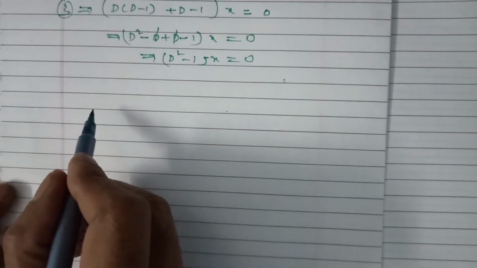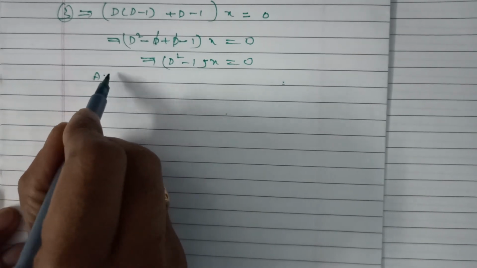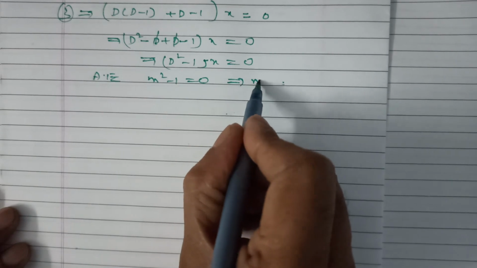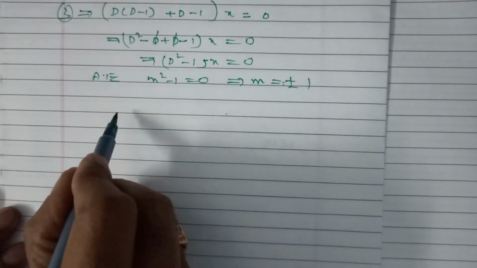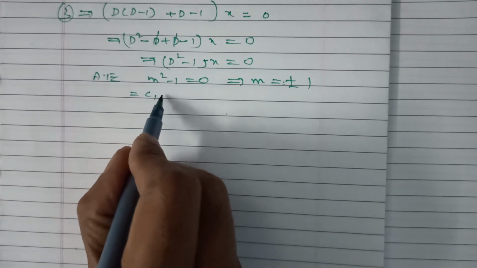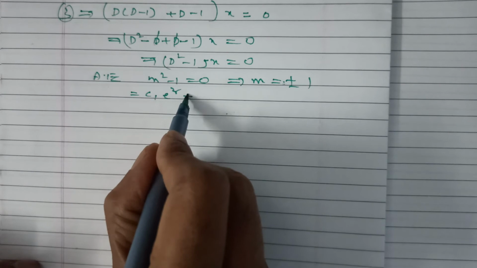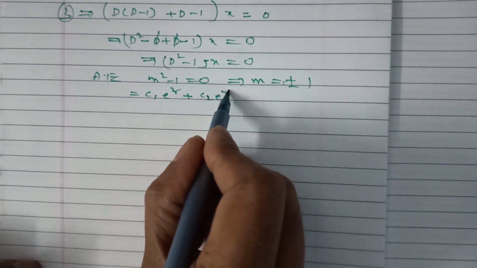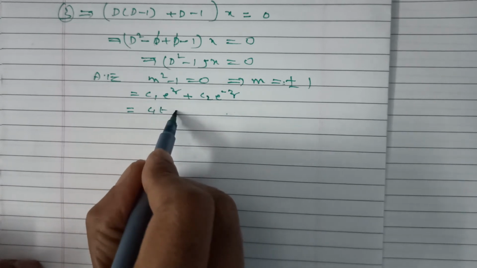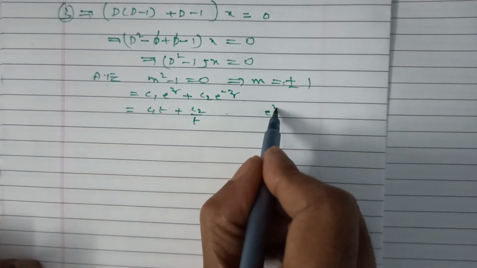Next, the auxiliary equation: m² - 1 = 0, m is equal to plus or minus 1. So x is equal to c1 e^z + c2 e^(-z). As e^z is t, x is equal to c1 t + c2/t.